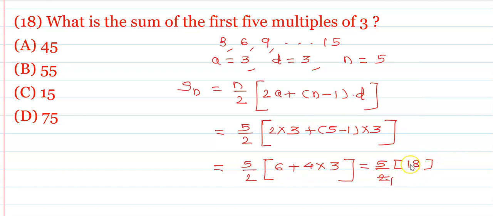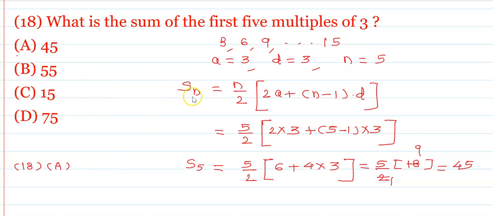Now next simplification, 2 ones are 2, 9 are 18, and 5 into 9 is 45. Therefore the sum of the first 5 multiples of 3, S5 is equal to 45. Therefore, option A is the correct one. This is the sub question and the answer is A. In this way.